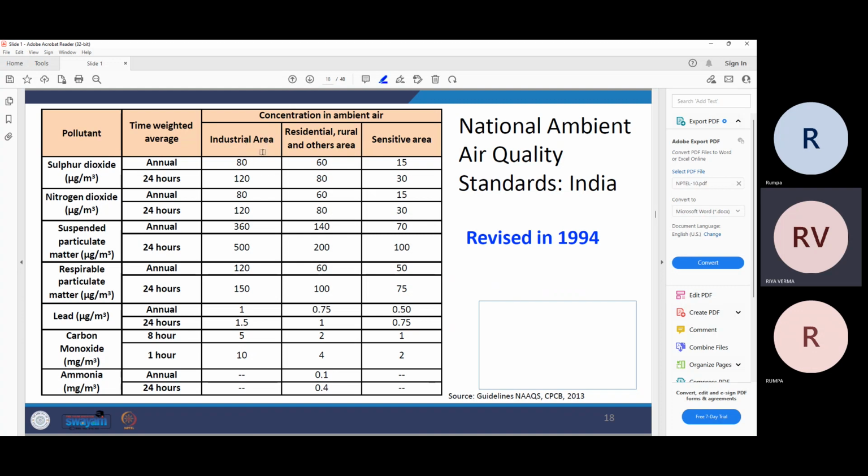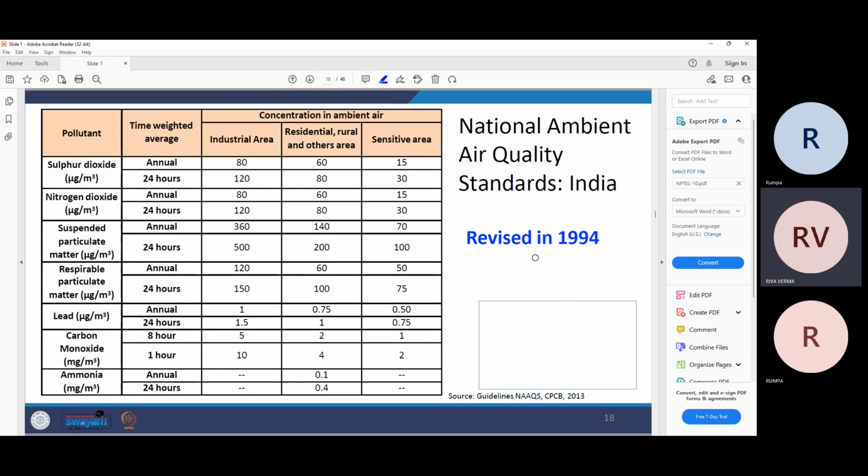The permissible limit would be different for industrial areas, for residential or rural areas, and for sensitive areas, because industrial areas can have higher permissible values as compared to residential, and residential will have higher values as compared to sensitive areas. Basically, sensitive areas will have the minimum permissible limits.